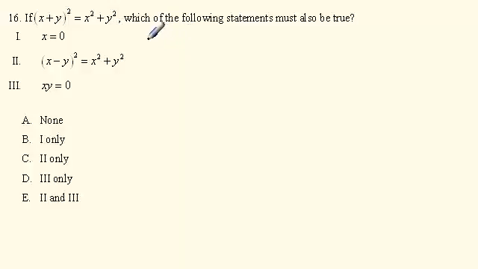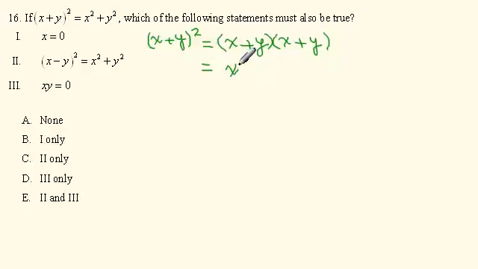We know that if we have (x plus y) quantity square, this is equal to, using the FOIL method or any other method, we can expand this parenthesis, and in the end what we get is x square plus 2xy plus y square.